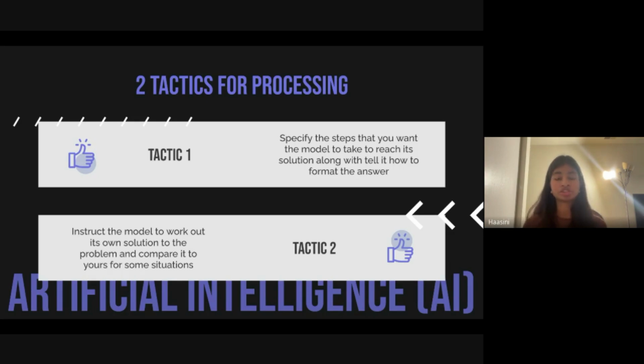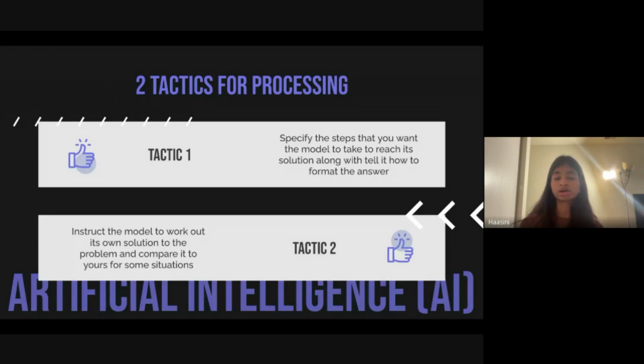So, for example, if you're solving a math problem, tell it: first factor, then do this, do this. That way, the AI knows exactly what to do to solve the type of problem that you're giving it, and that'll make sure you get the right answer.